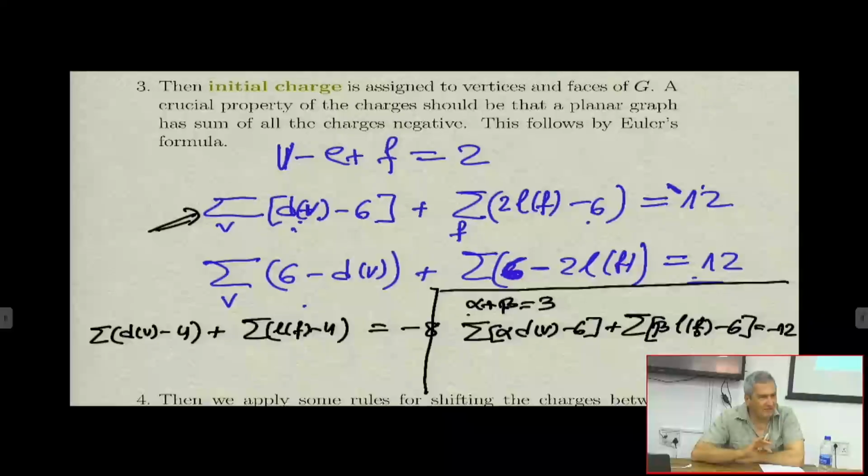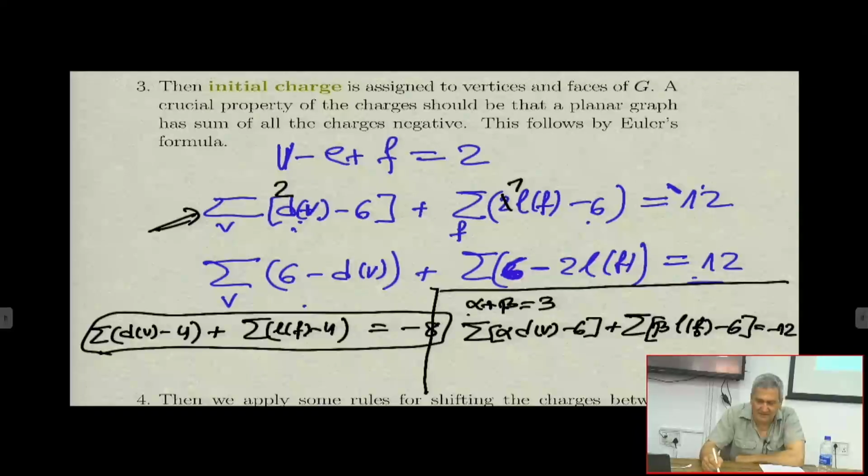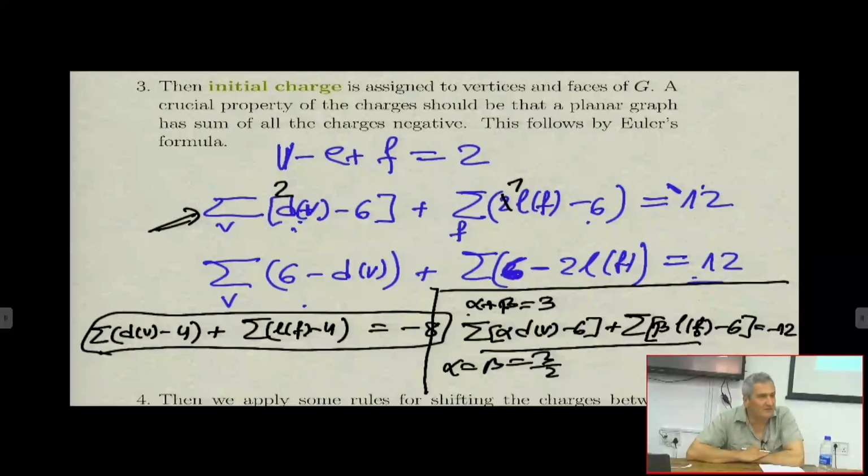If you take vice versa, beta is 2 and alpha is 1, you will get here 2 and here 1. Do you see how we get this one from this? Take alpha equal to beta equal to 3/2. Then you will turn this minus 12 into minus 8. You can check it later.